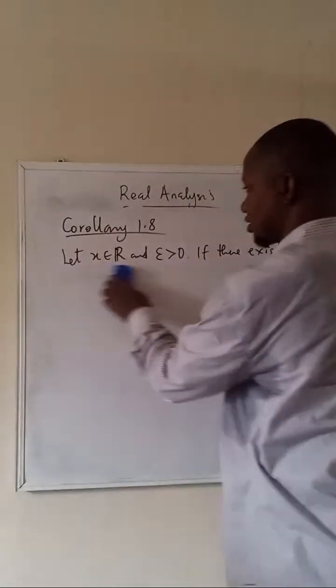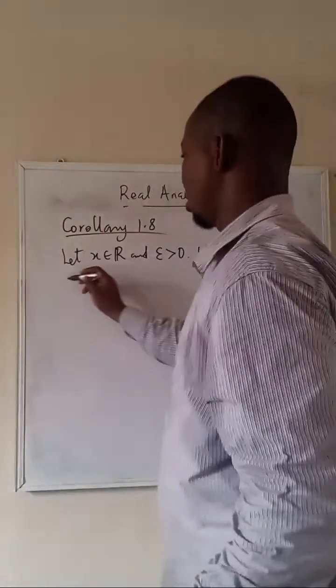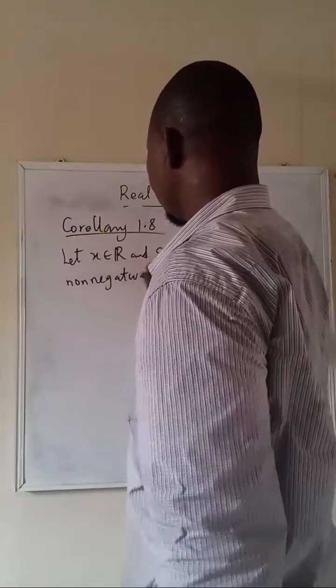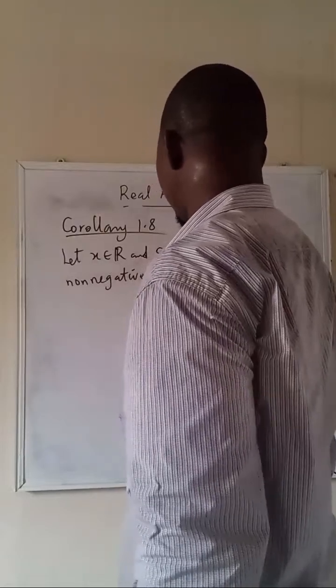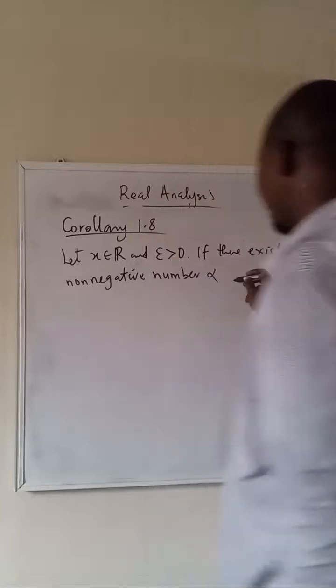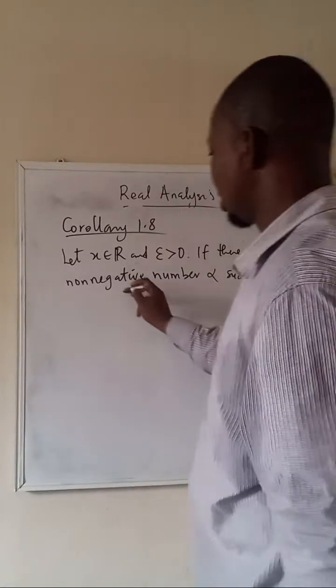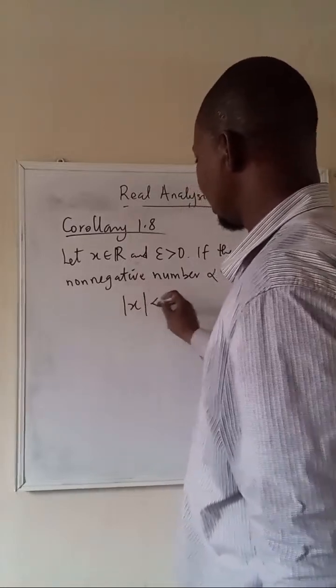If there exists a non-negative number alpha such that the absolute value of x is less than this.